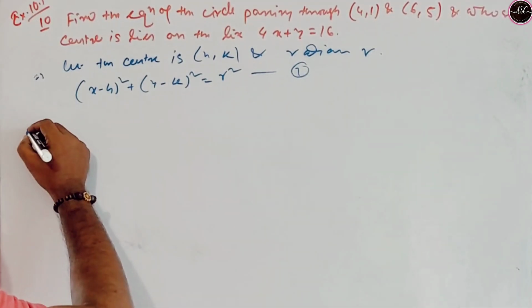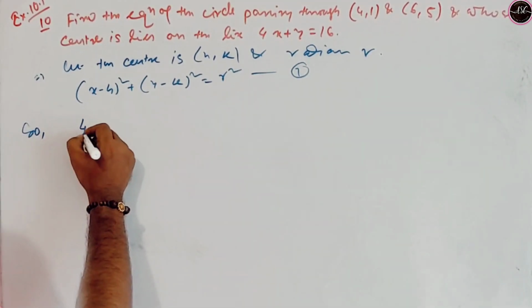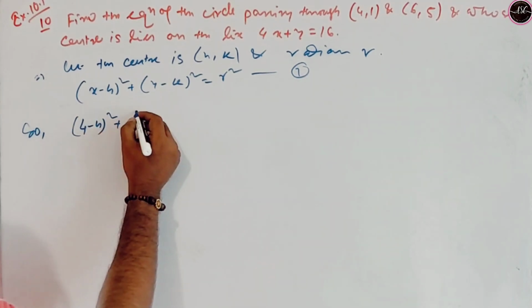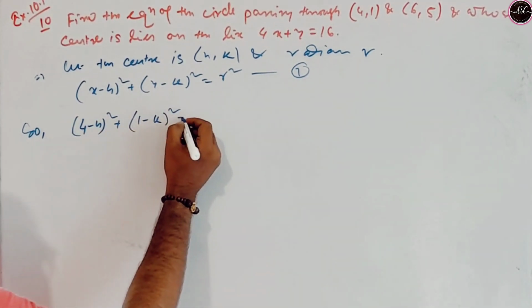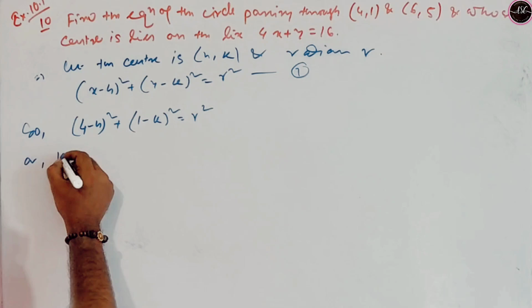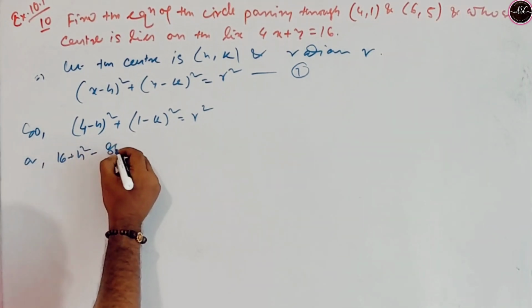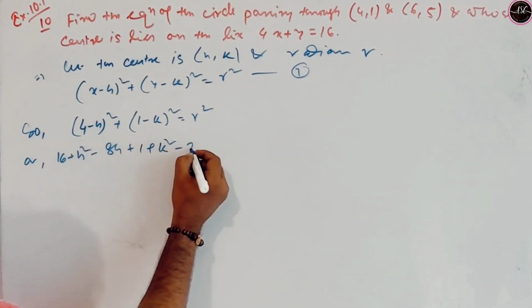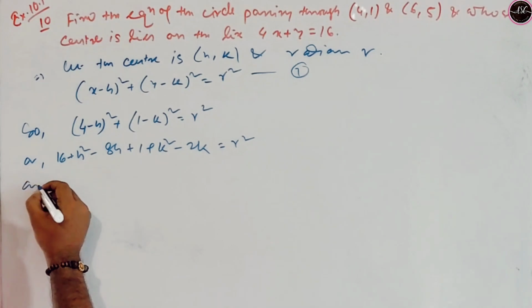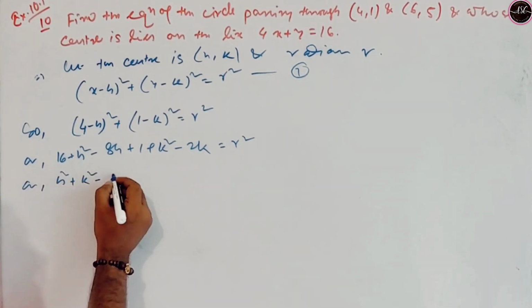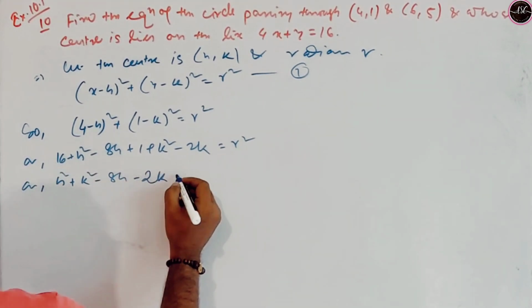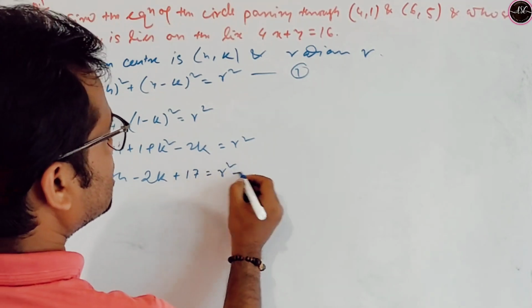So we can write (4 - h)² + (1 - k)² = r². Just simplify this: 16 + h² - 8h + 1 + k² - 2k = r², or h² + k² - 8h - 2k + 17 = r². This is equation 2.